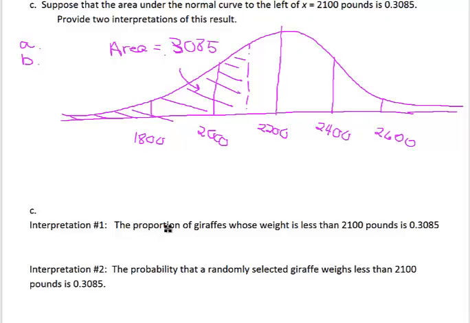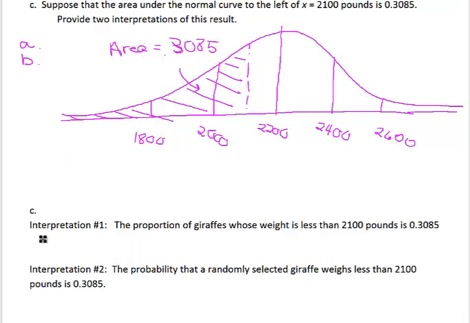First way is you can talk about the whole population of giraffes, or you can just talk about one giraffe. And so I pretty much like interpretation number 1, but both of them are correct. So what it says is this area says the proportion of all the giraffes.